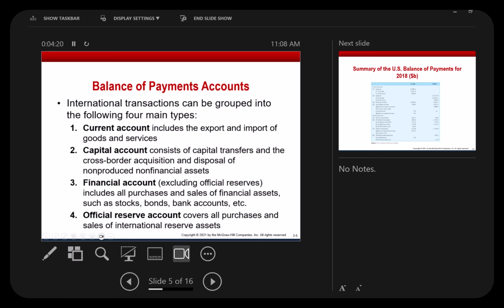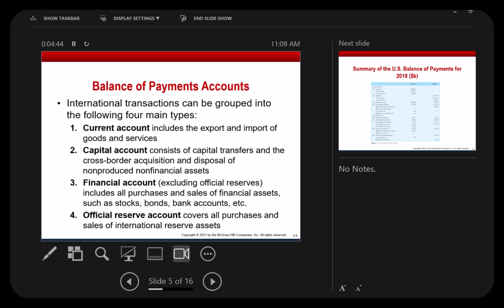The official reserve account covers all purchases and sales of international reserve assets. For example, the Federal Reserve, which is the U.S. central bank, buys euros, sells euros, buys yen, buys and sells gold, silver.